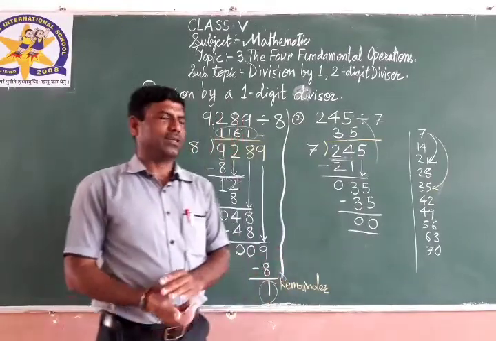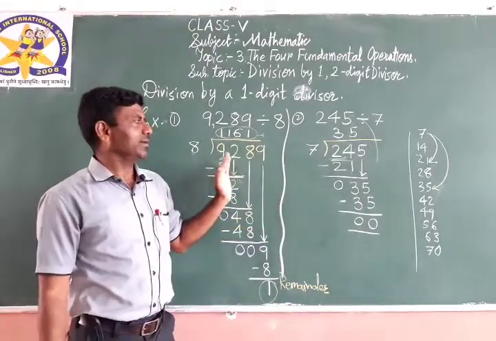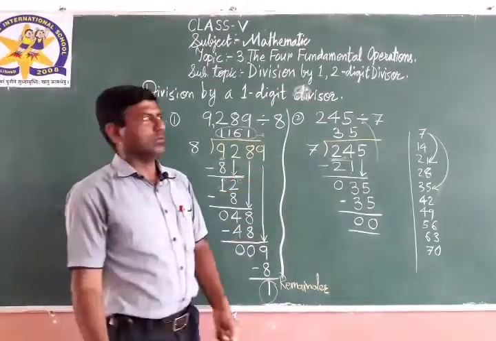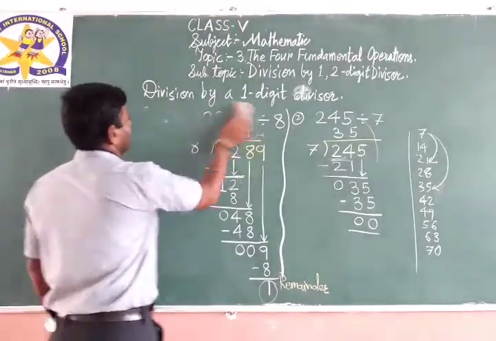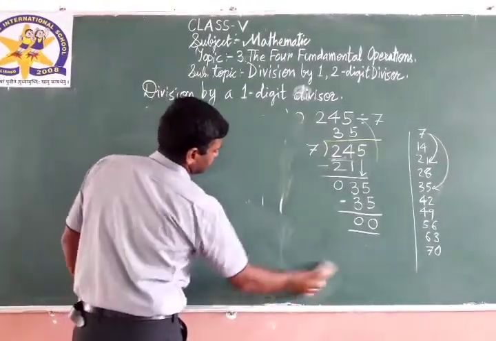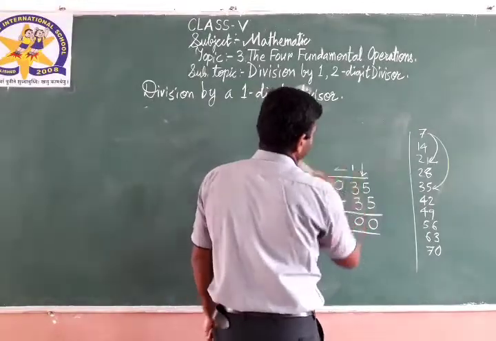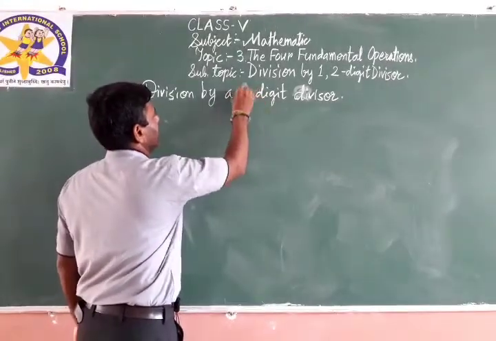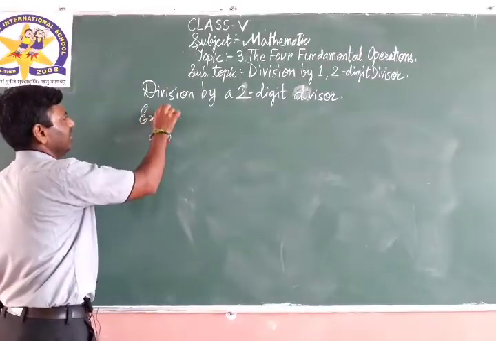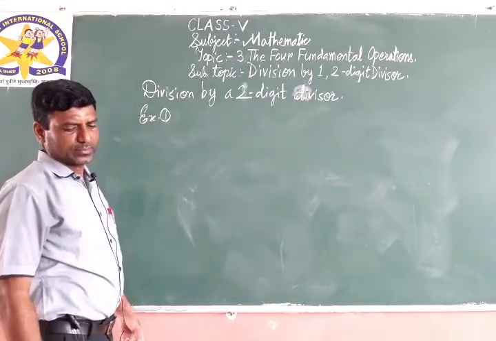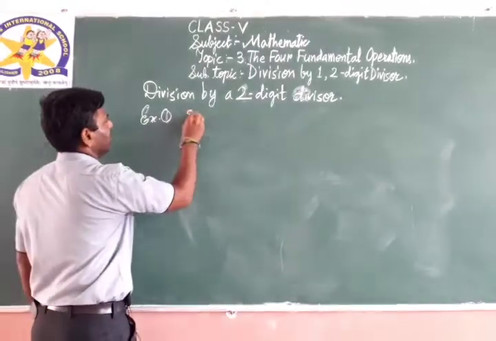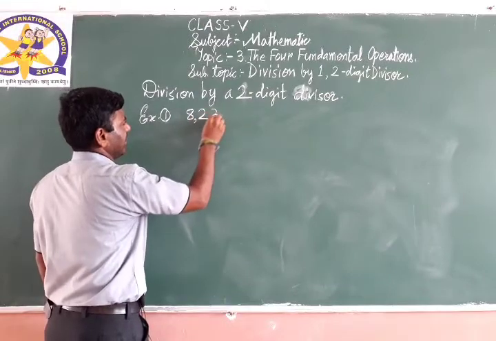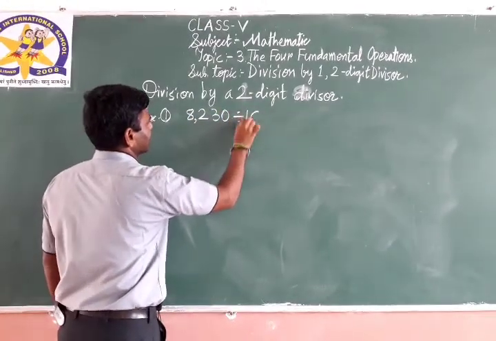Understand? I hope you understand how to divide by a one digit divisor. Now we will see how to divide by a two digit divisor. You know how to divide by two digits also because it was there last year, right? Let's take an example. Your idea will be clear. 8230 divided by 16.